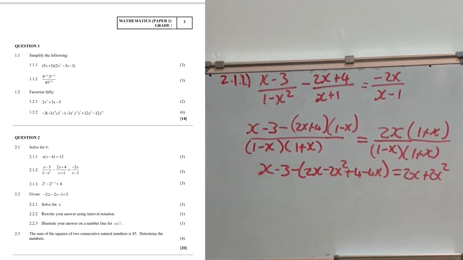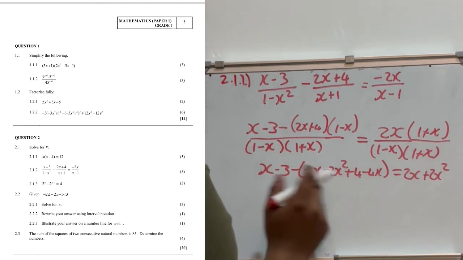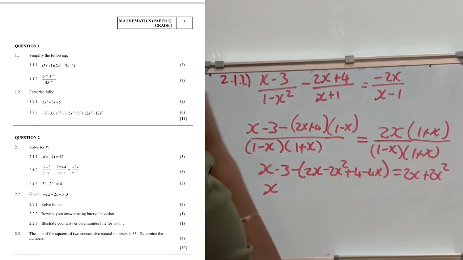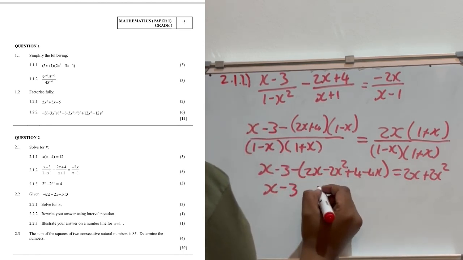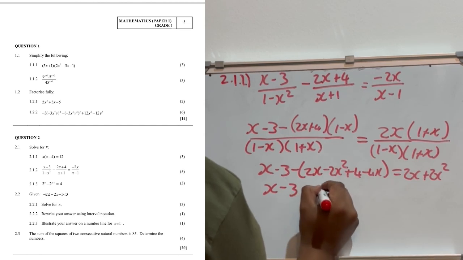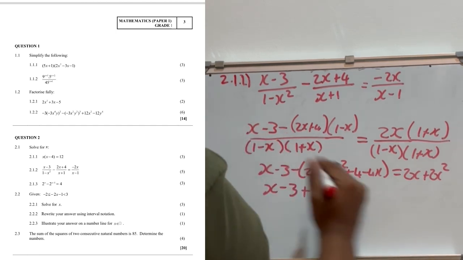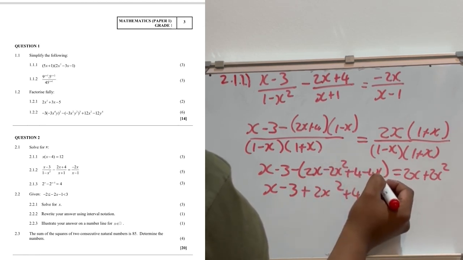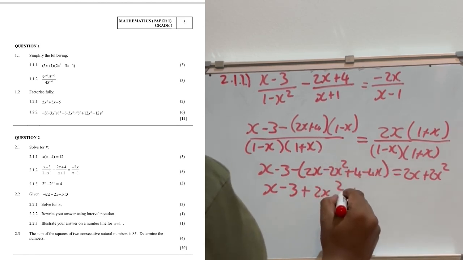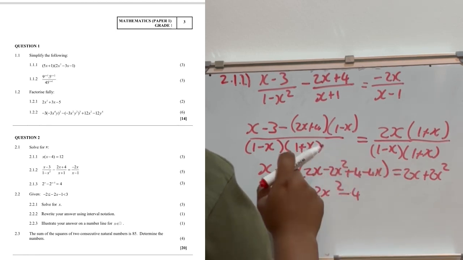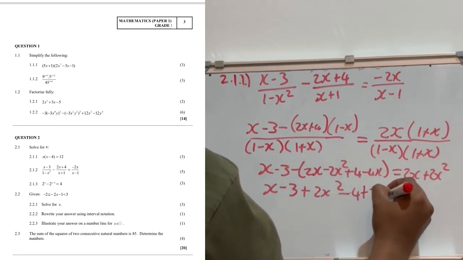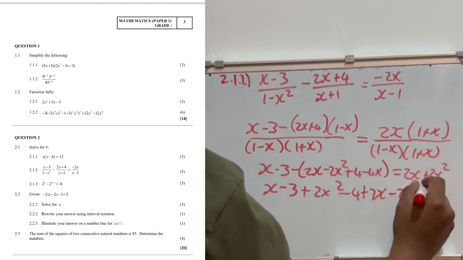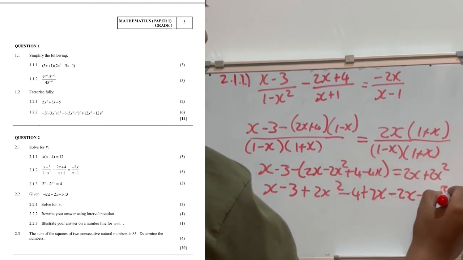So now we can just simplify this. So this becomes x minus 3 plus 2x squared plus 4. These two, 2x minus 4x is, sorry, that's minus 4. That's minus 2x times minus this plus 2x equal to, so bring that 2x also over, minus 2x squared equal to 0.